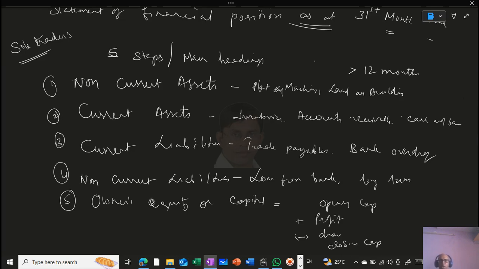Current liabilities are less than 12 months, so they may be immediately payable. Non-current liabilities are again more than 12 months from the date of the balance sheet. Then owner's equity or capital.